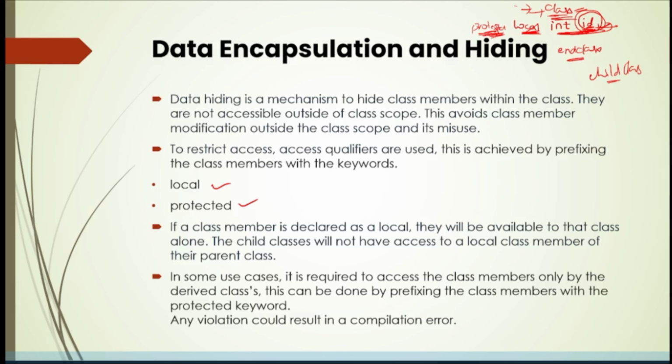Similarly, when you create the id as local, you can access it only within that particular class. Now protected is somewhat the opposite of that. If you understand what local is, then with protected you can access it within the child class, but outside the child class you can't access it. Got my point? So that is data encapsulation or data hiding.